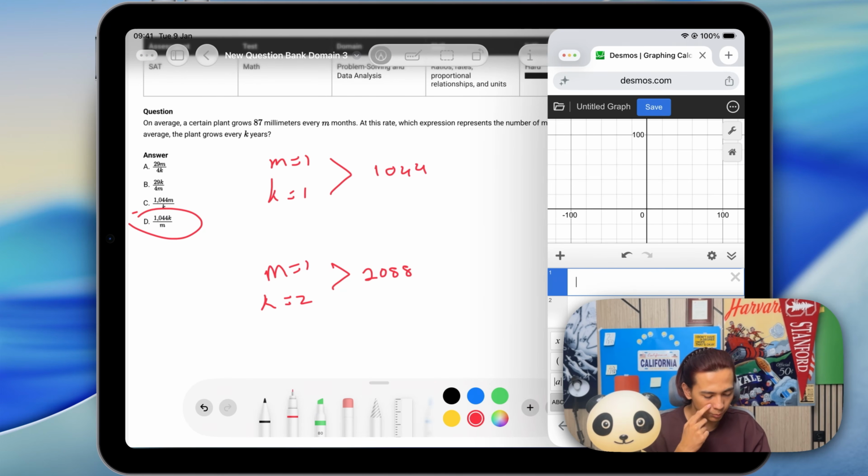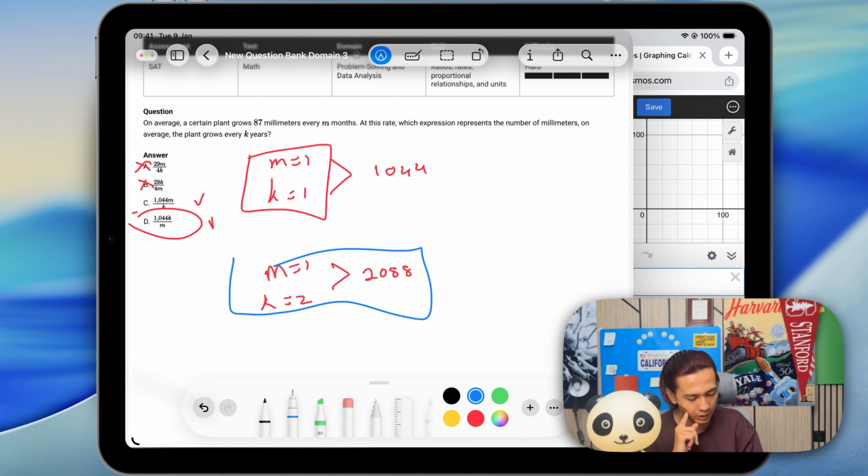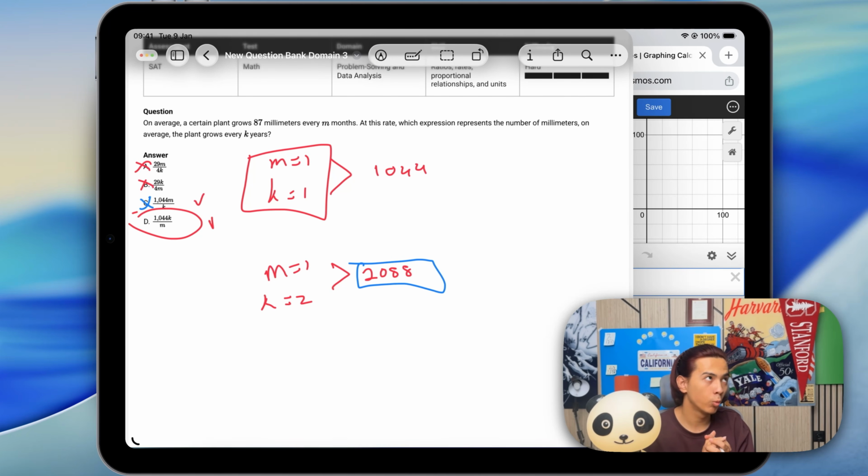And then option A, when you plug in these values, for example, M is 1, K is 1, you're going to get 1044. Option B, I get it. Option C, I get it. Option D, I get it. So all are potentials. But then I check the second point here, when K is 2, it should be 2088. So that rules out option C as well, which means we will be left with option D only.